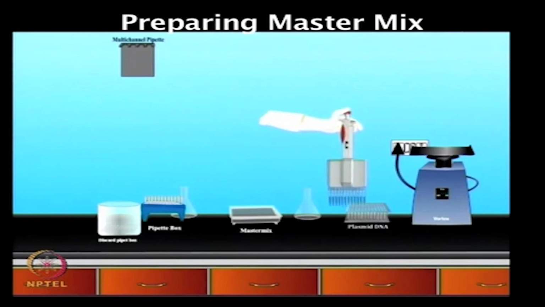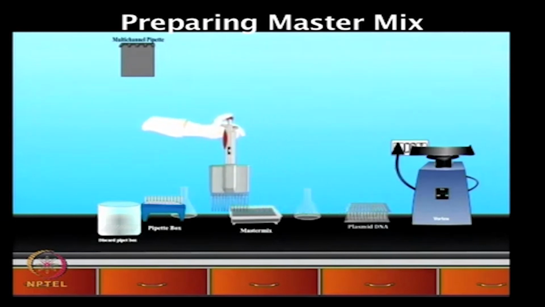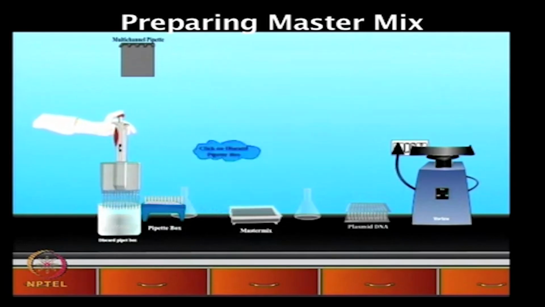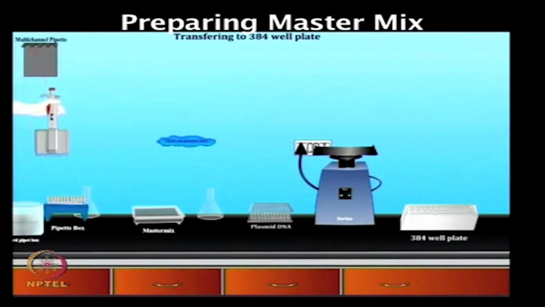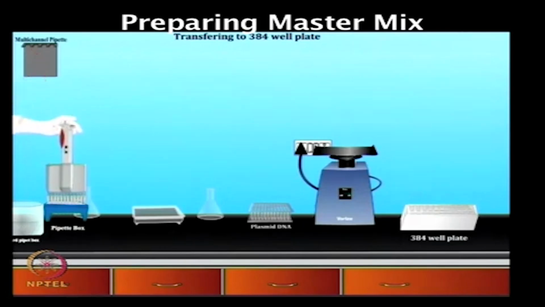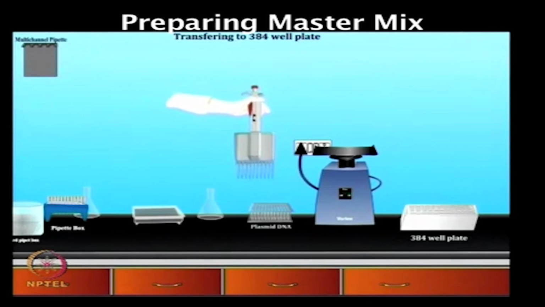Once the master mix is added to all the wells in the block, you then need to shake the plate for 15 minutes. For printing, you will require 384 well plates. So, now you need to transfer your master mix containing plasmid DNA from the 96 well plate to the 384 well plate.